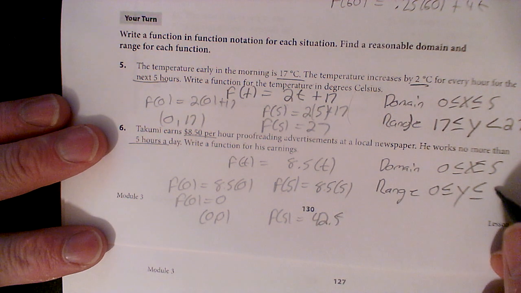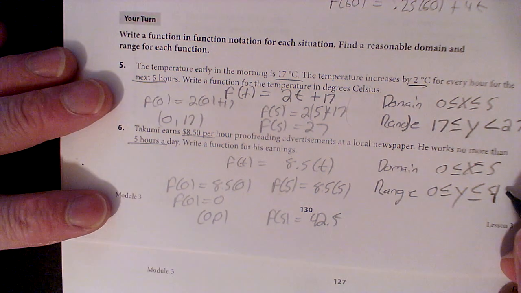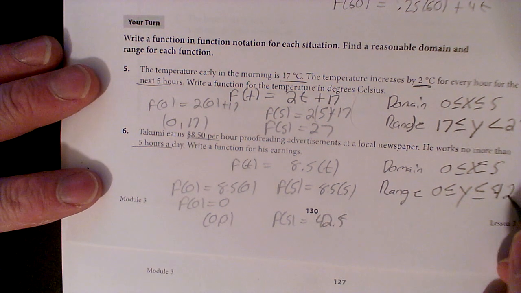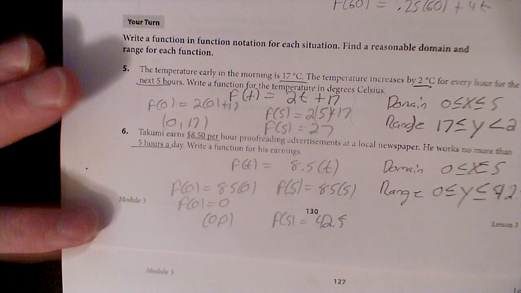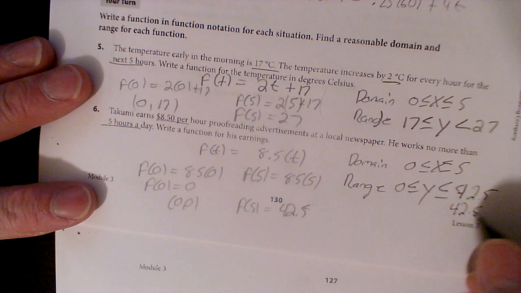So that is the highest amount he could ever earn working that limited amount of hours. It's not really a full-time job, is it? He only works 5 hours a day. This should say 42.5. I'm going to write it underneath. And we're done. I'll see you guys tomorrow.